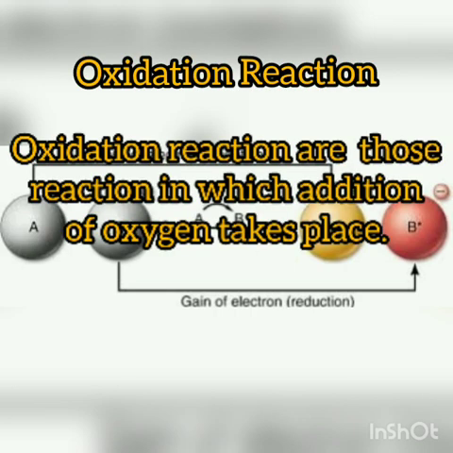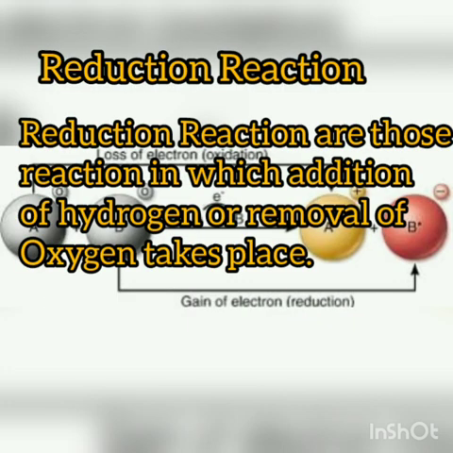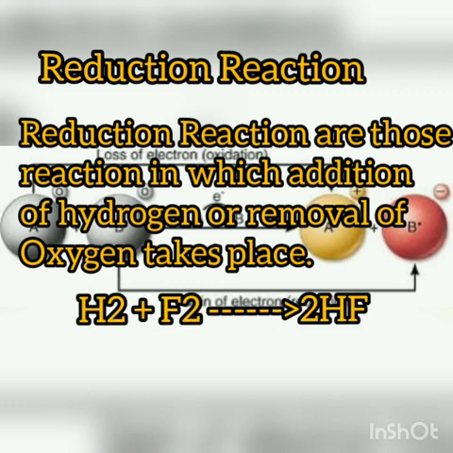Oxidation reactions are those reactions in which addition of oxygen takes place, like Cu plus O2 gives out 2CuO. Whereas reduction reactions are those reactions in which addition of hydrogen takes place, like H2 plus F2 gives out 2HF.